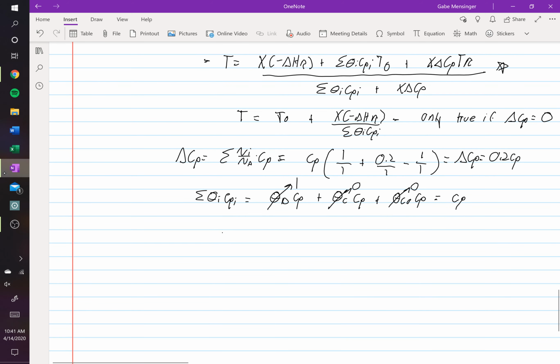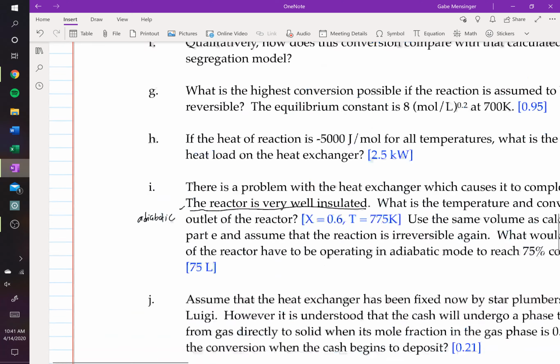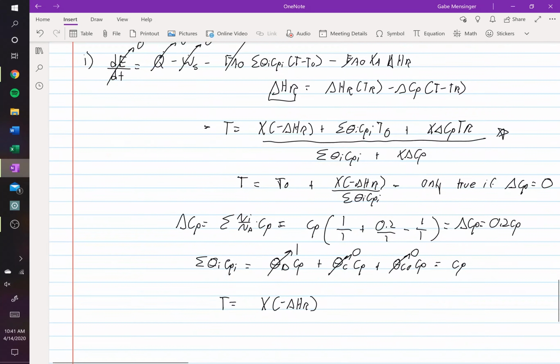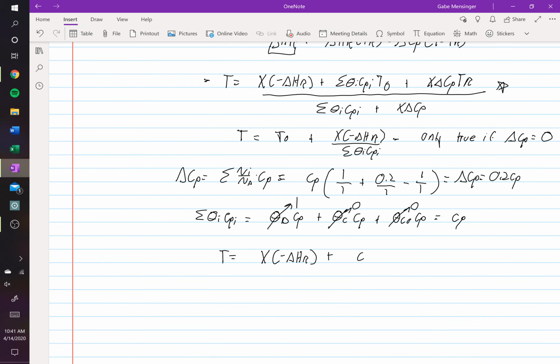So plugging in what we know into there, we have X times negative delta HR. This negative delta HR is just the 5,000 that we were given earlier, plus CP T naught plus XA TR times 0.2 CP over CP plus X times 0.2 CP.